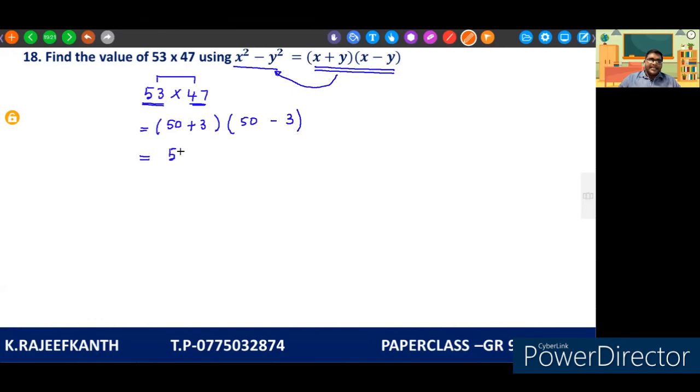Then we can write as 50 squared minus 3 squared. Now we know that 50 squared is 2500, because 5 squared is equal to 25. When we are squaring the 10, we have to put the 2 zeros. Then 2500 minus 3 squared is equal to 9.